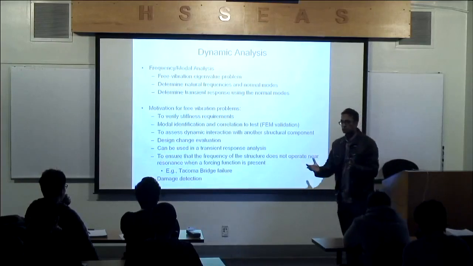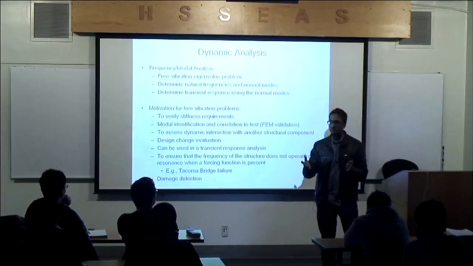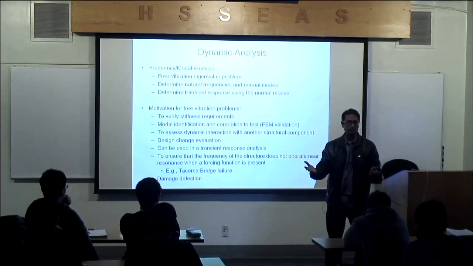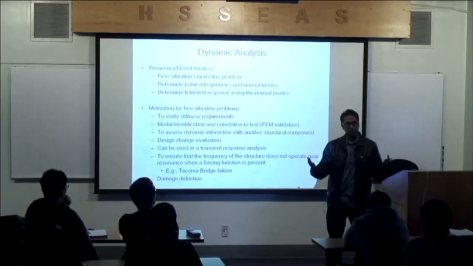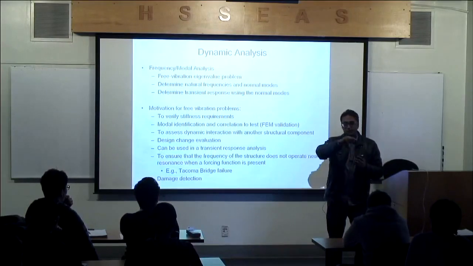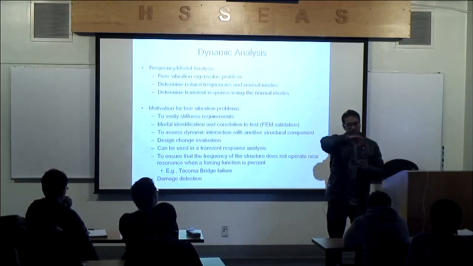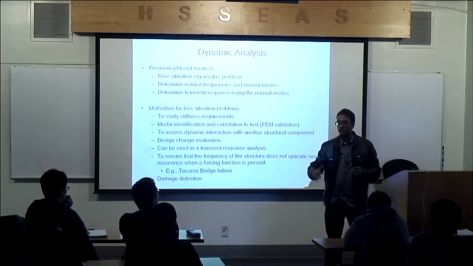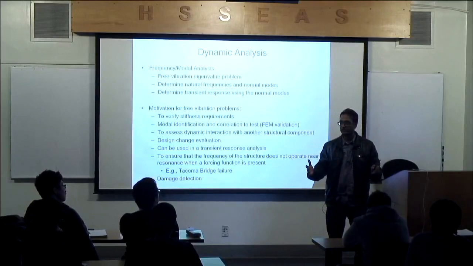A structure, like for example the table you're sitting on right now, has an infinite number of mode shapes and frequencies. But not all modes and frequencies will be relevant. For example, you don't see your table vibrating, it's not undulating dramatically from left to right, right?